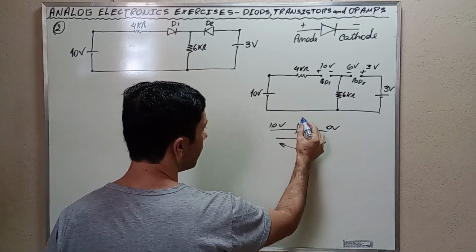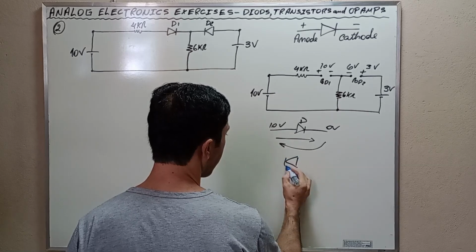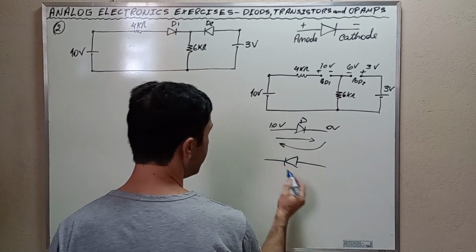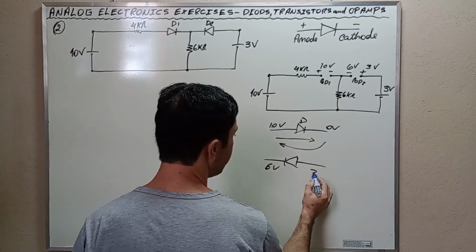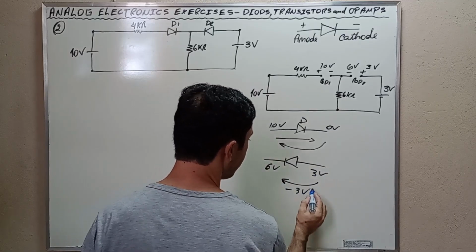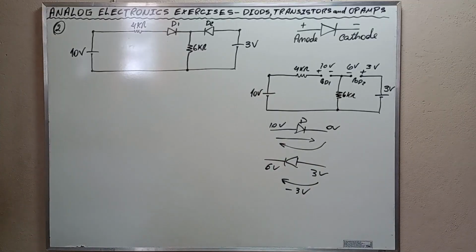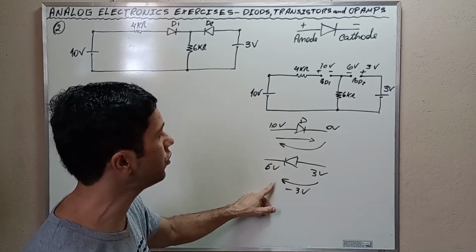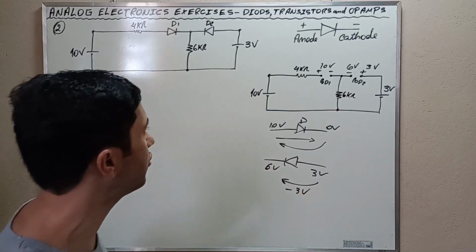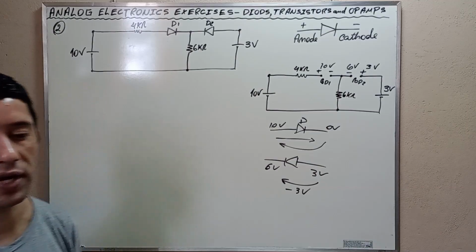This is D1. For the case of D2, this is 6 and this is 3, and the voltage here is negative 3 volts, and thus D2 is off as we previously assumed. D2 is off because its cathode is higher in potential than its anode, and this is all for exercise 2. Let's go to exercise 3.